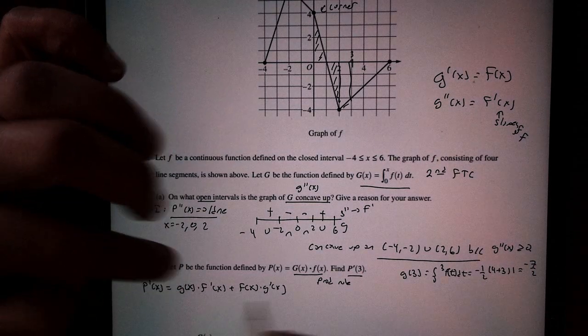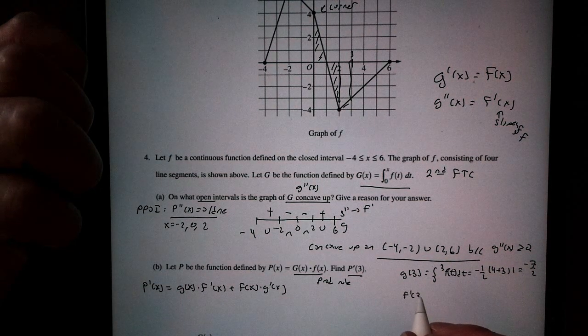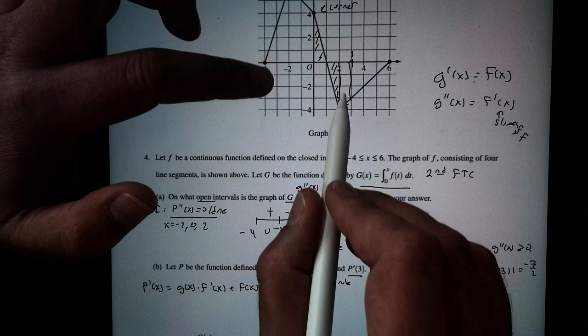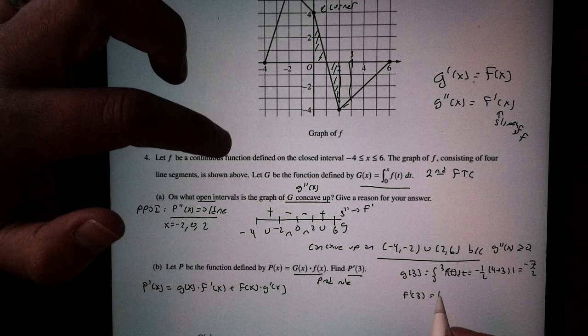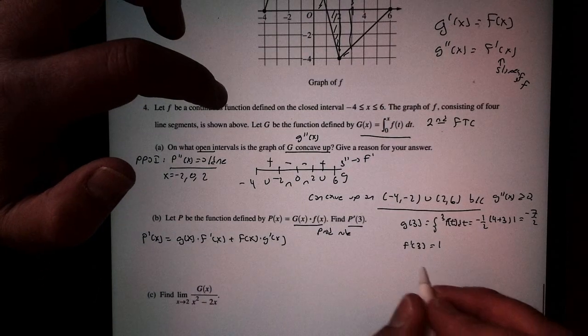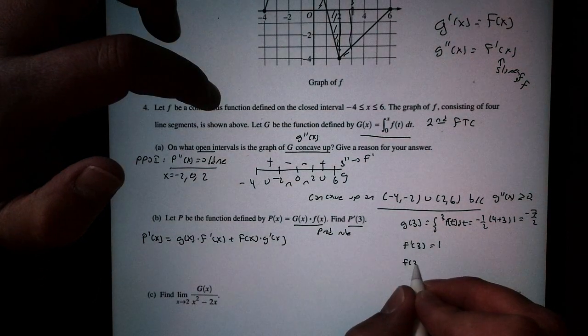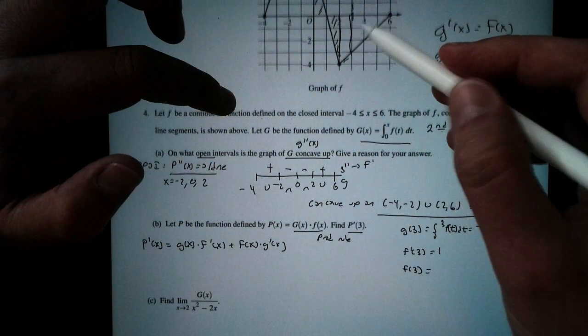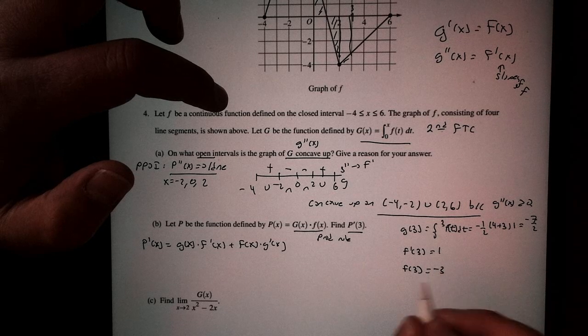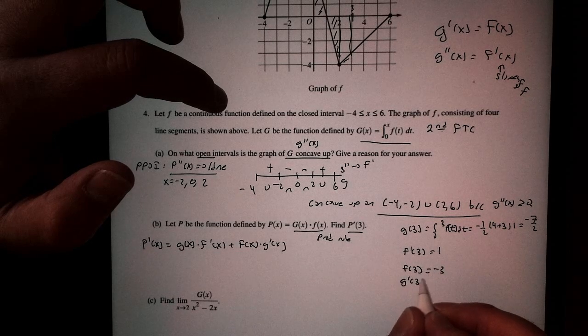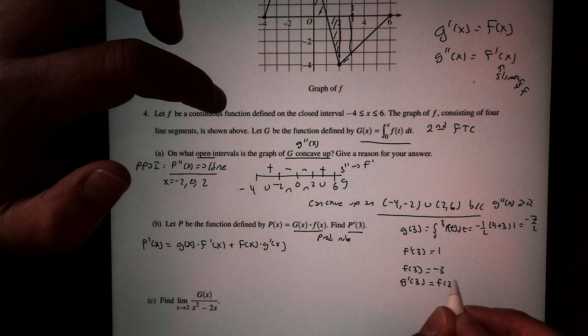Okay, next we need f prime of 3. Well, that's the slope at 3, so f prime of 3, the slope here, is 1. Next we need f of 3. Well, f of 3 is the value at 3, and it's -3. And next we need g prime of 3, which is also f of 3, right?